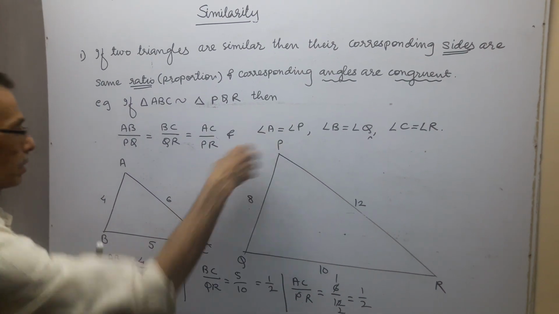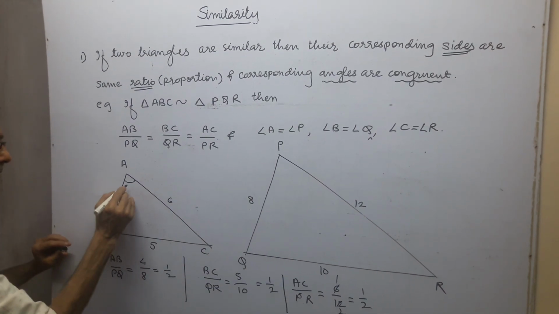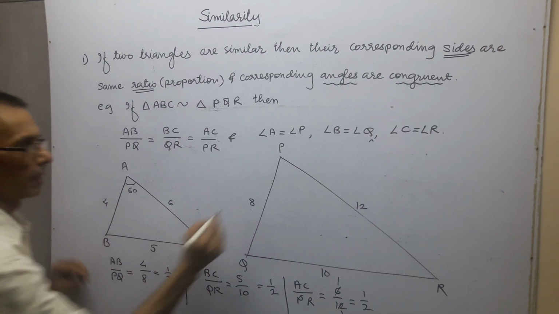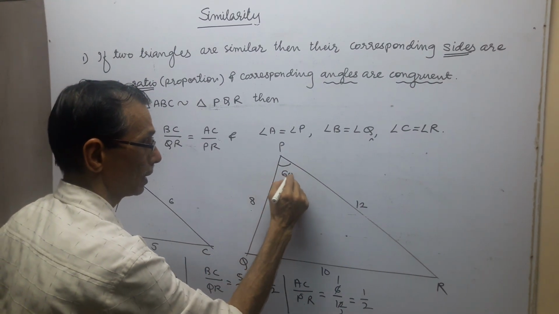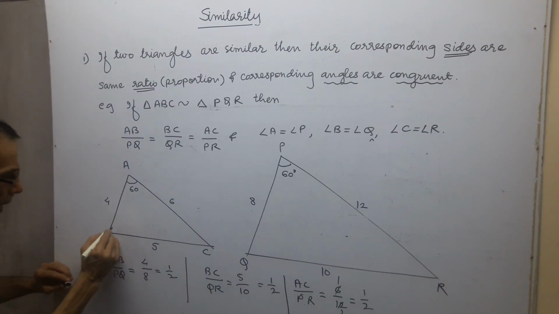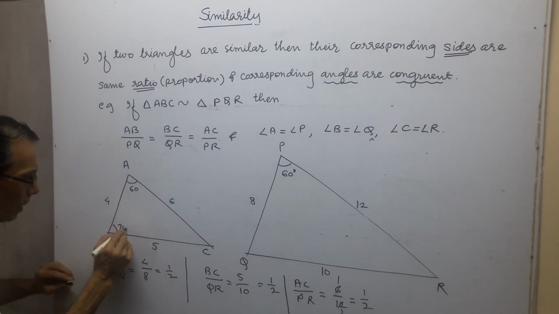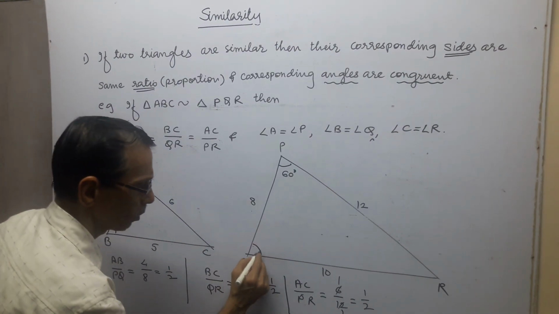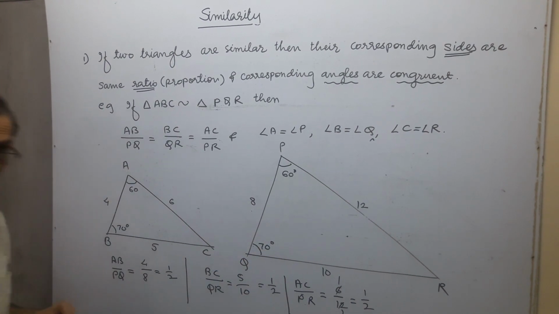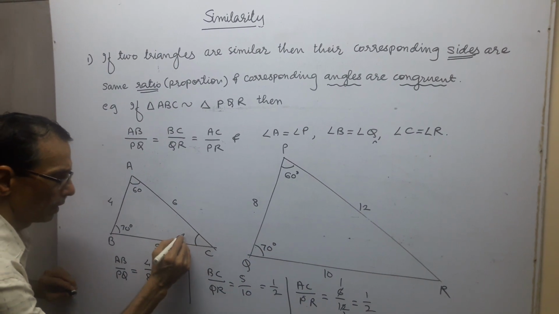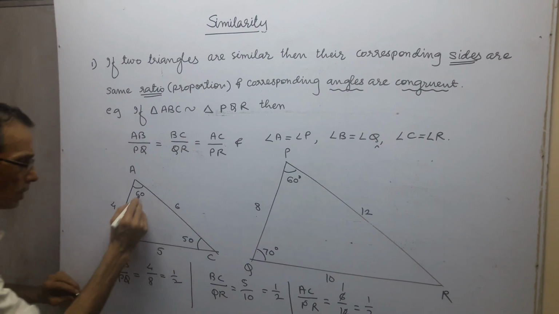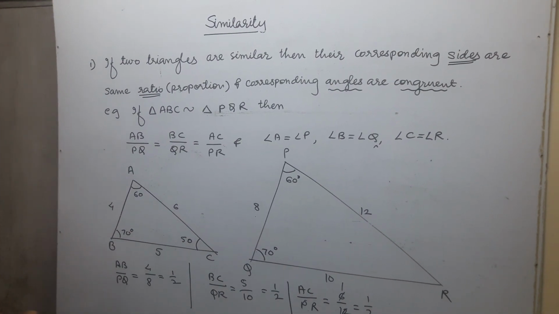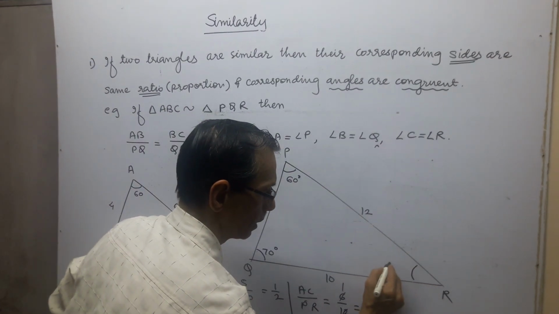But angles are congruent. Suppose angle A is 60 degrees, then angle P must also be 60 degrees. If angle B is 70 degrees, then Q must also be 70 degrees. And if angle C is 50 degrees, of course the sum must be 180, so this must also be 50 degrees.